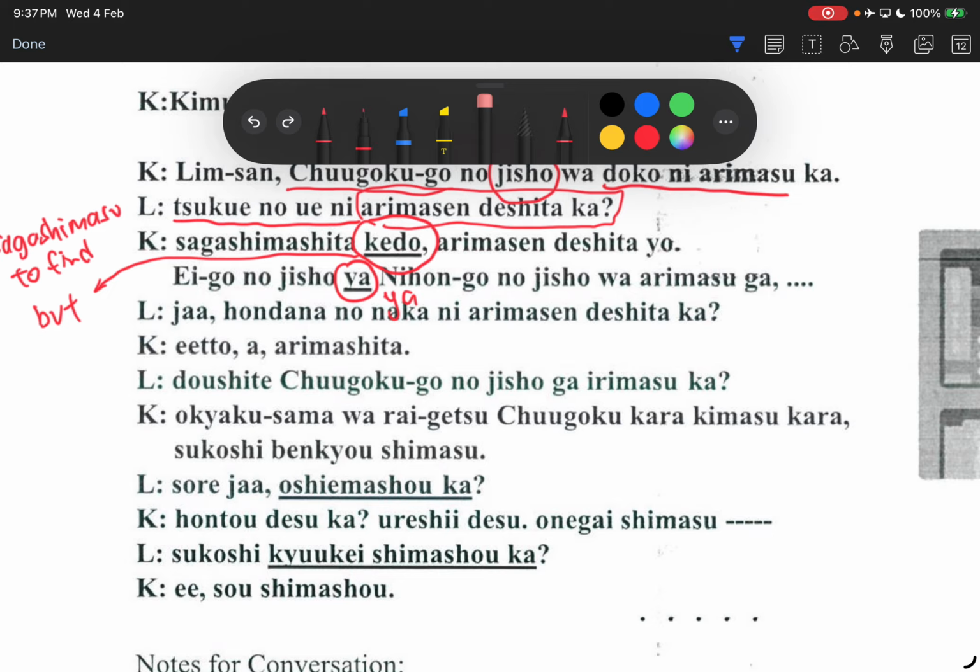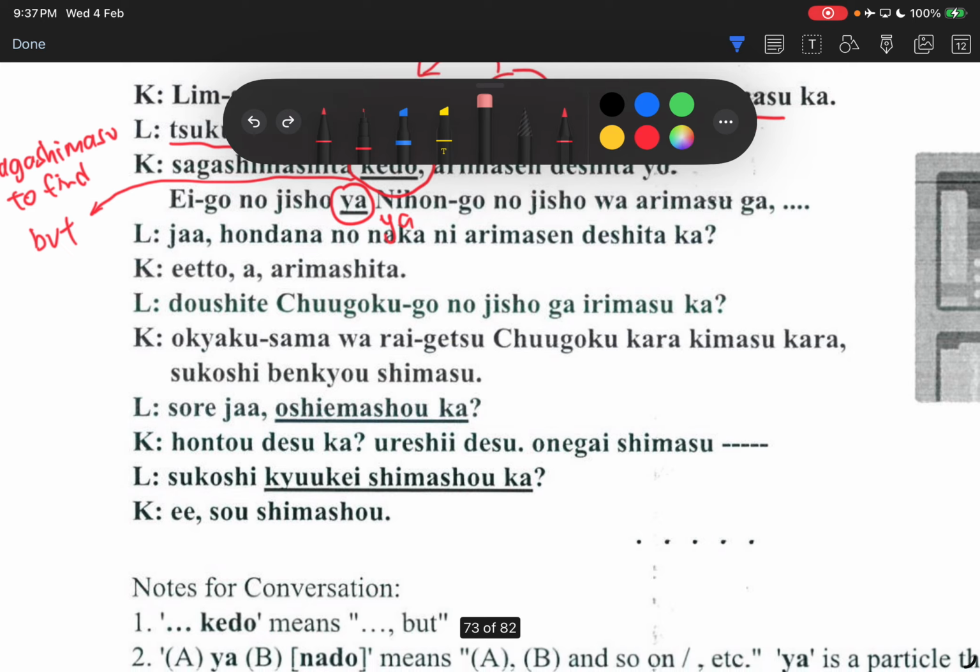K replies, お客様は来月中国から来ますから. Then there are two から here. Okay. お客様 is customer, right? お客様は来月. 来月 means next month. 中国 is China. So 中国から, from China, right? 来ます means come.